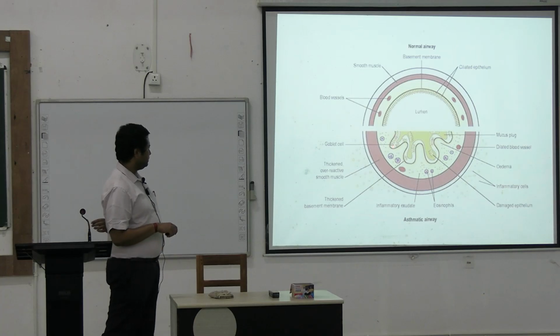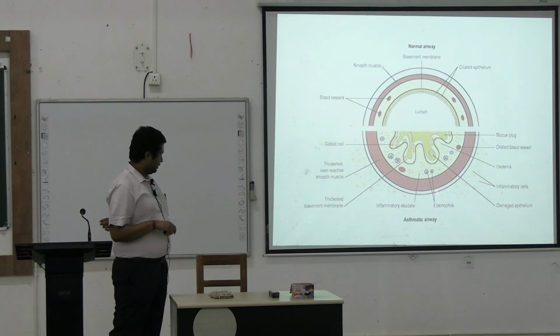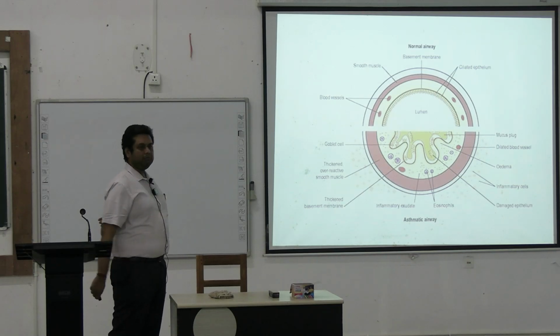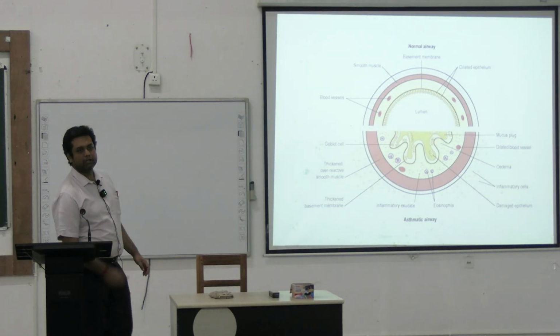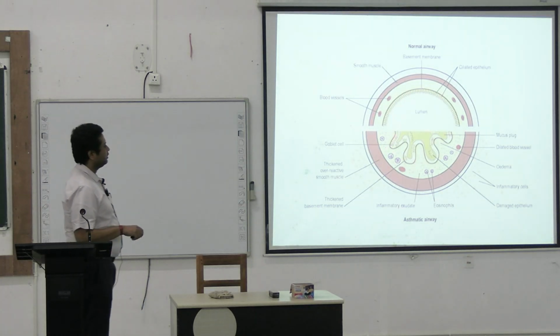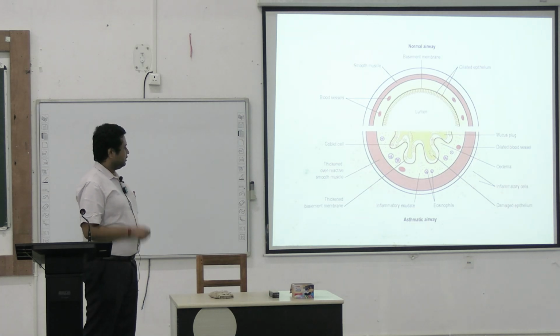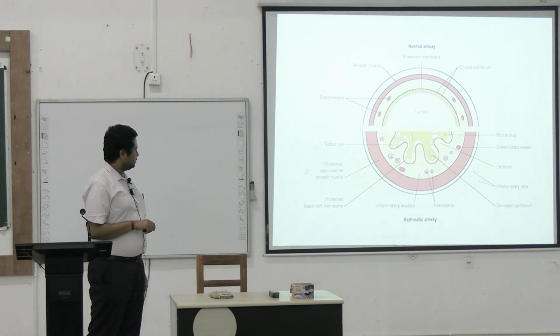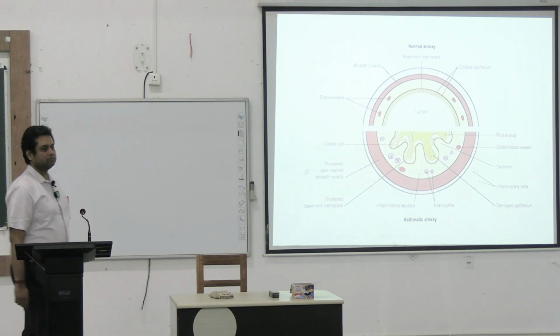What you can see is the ciliated epithelial cells are sloughed off, there is hypertrophy of the smooth muscle, there is exudate and mucosal secretion within the airway. This is how an asthmatic airway looks, and of course there are plenty of inflammatory cells.